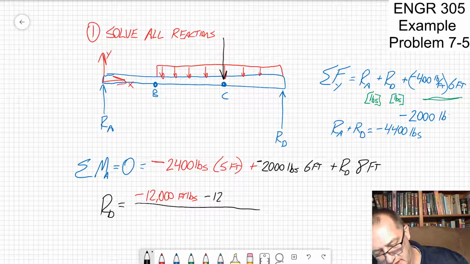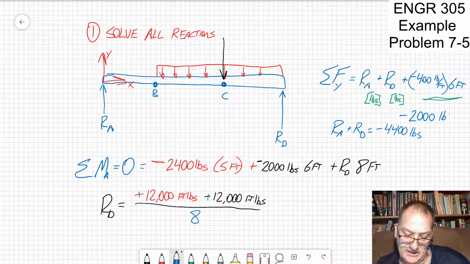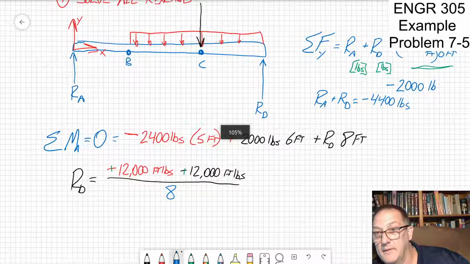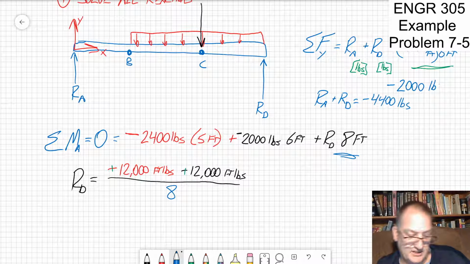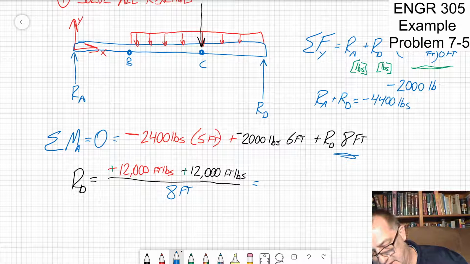Interesting. Oh, but those are now both positive because I moved them to the other side. Plus and plus. And then I divide that whole thing by 8 because that's the distance that I had there.